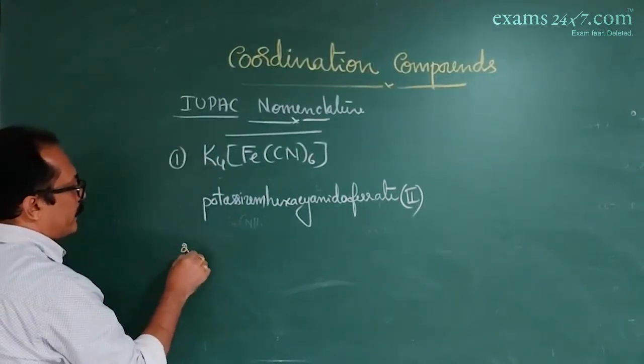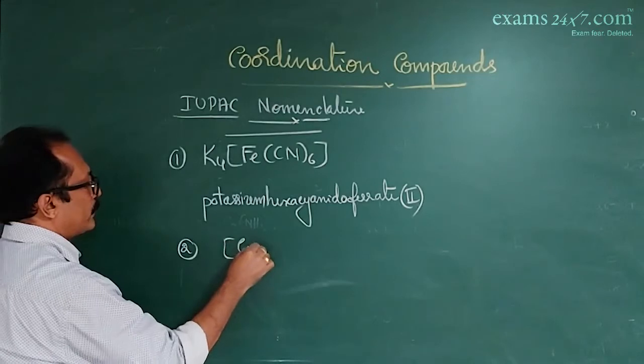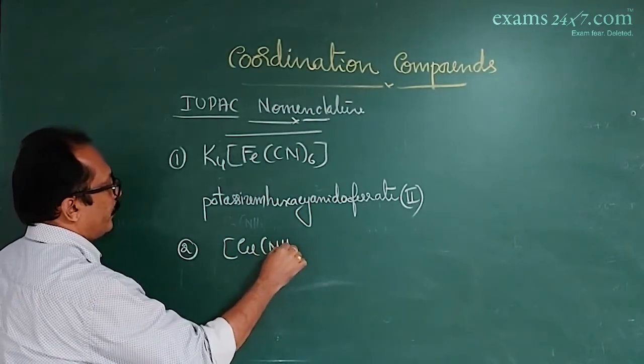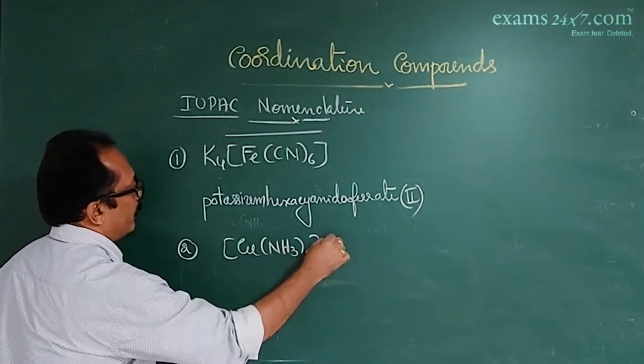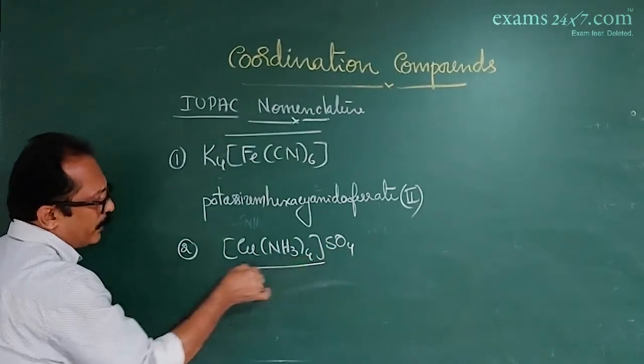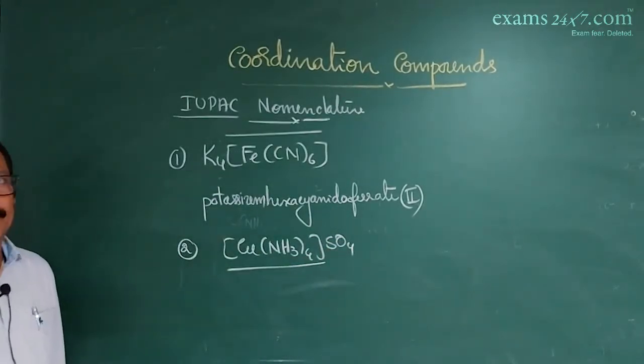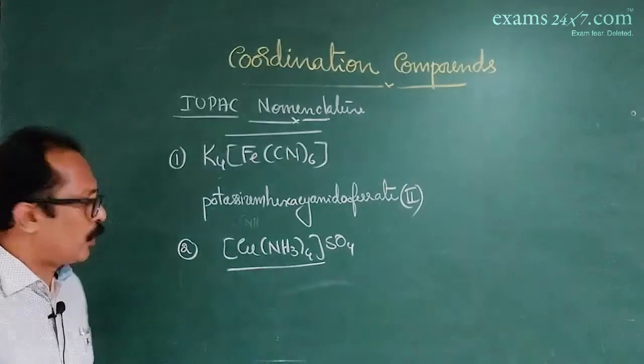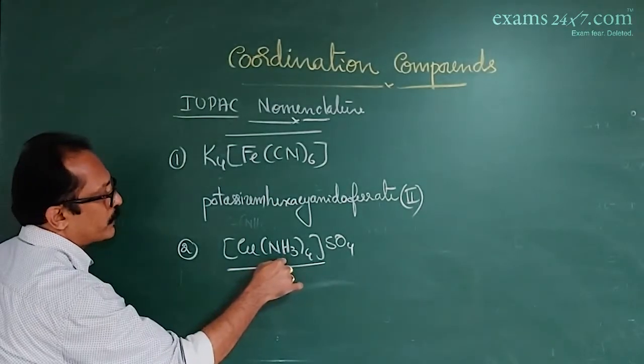One more complex compound, cuprammonium sulfate, [Cu(NH3)4]SO4. Now, the complex ion is the cation, and first preference is given to the cation. This is a complex ion, the coordination sphere.